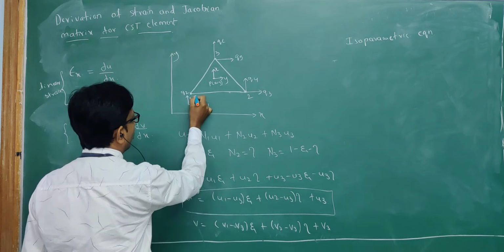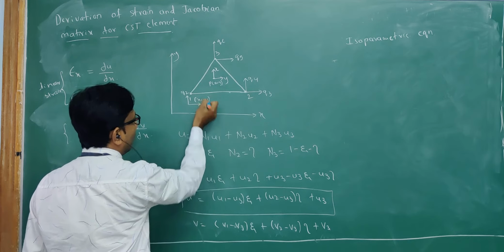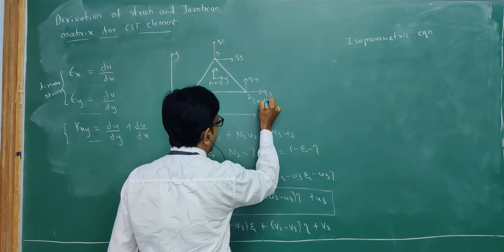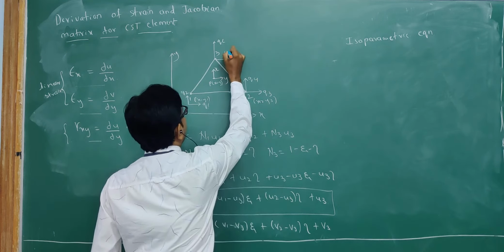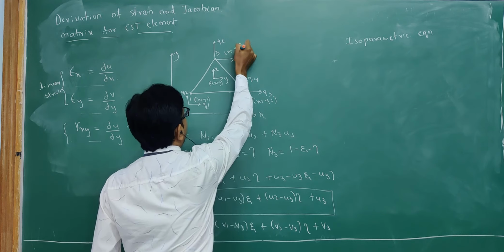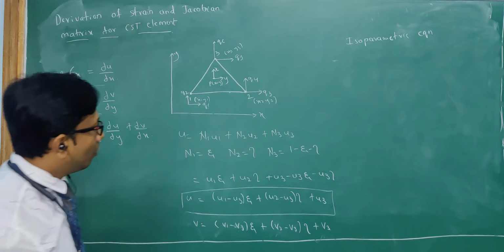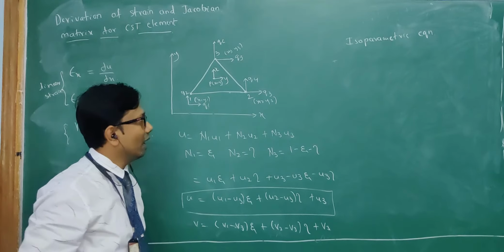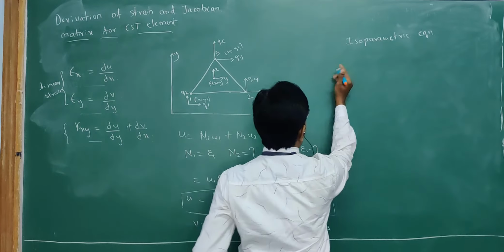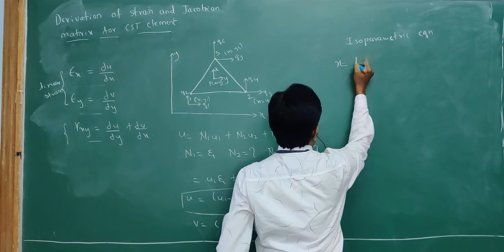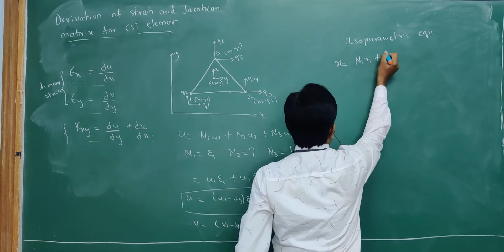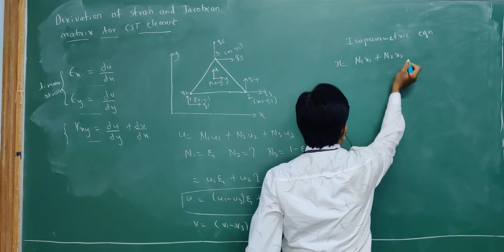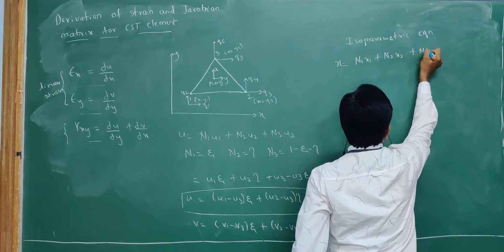So here, I will be writing it as x1 y1, x2 y2, x3 y3. If I want to write the x in the form of x1, x2 and x3, I can write it in the form of a shape function equation. So that is n1 x1 plus n2 x2 plus n3 x3.